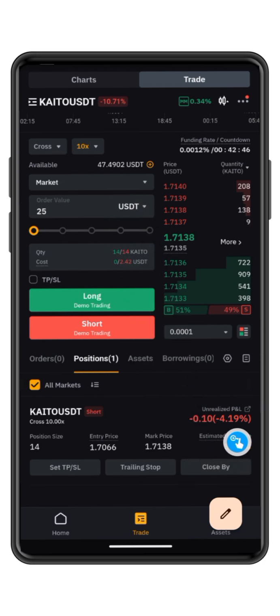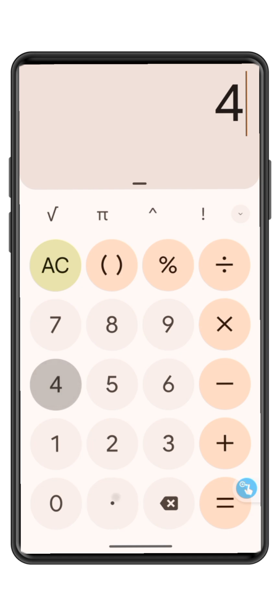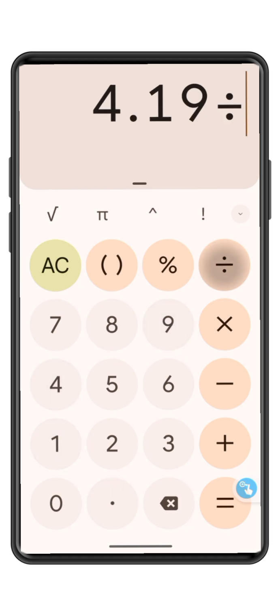Now, how do we do this calculation? Well, all you need to do is do 4.19% of your position size. Your position size is 25 USDT. All right, so I'm going to do 4.19% of my position size. 4.19, all right, percent means divided by 100.